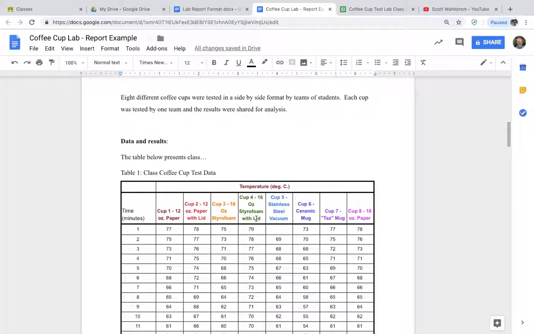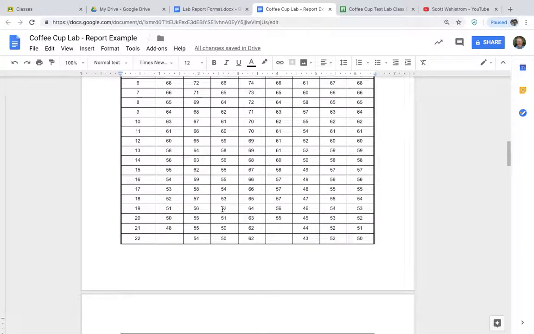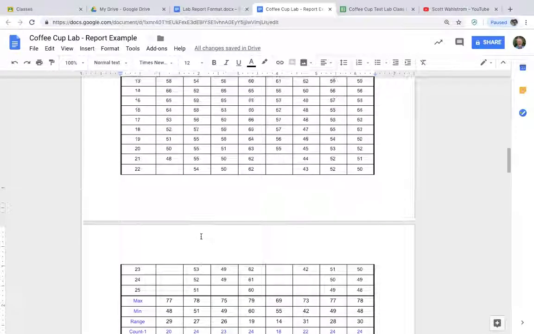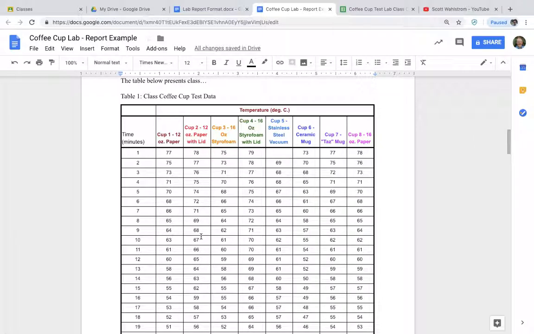So, why is it that it did that? Why did the styrofoam cup without the lid perform just a little bit worse? These are questions that you can answer. In fact, the styrofoam cup without the lid performed about the same as a paper cup with a lid. Look at some of these patterns and have a bit of time to discuss why certain cups are better than others.